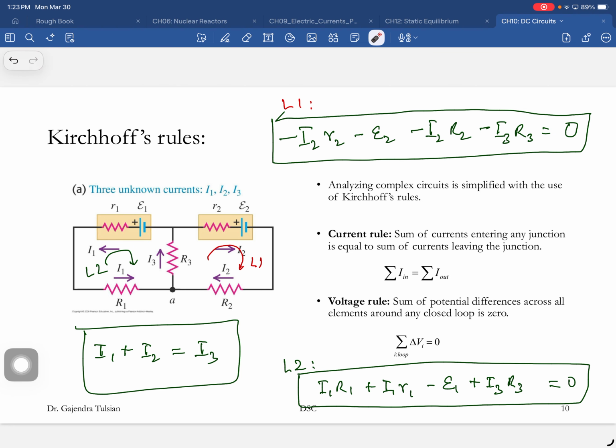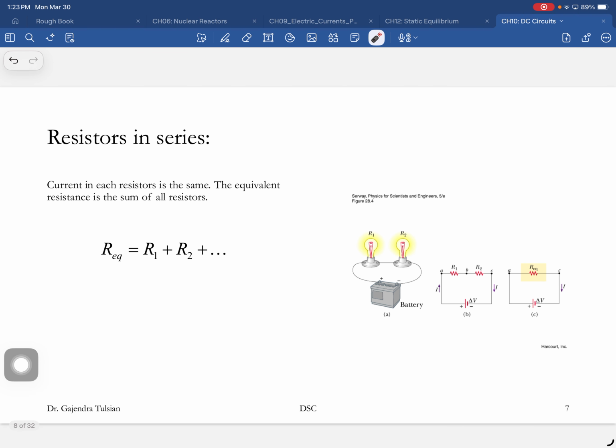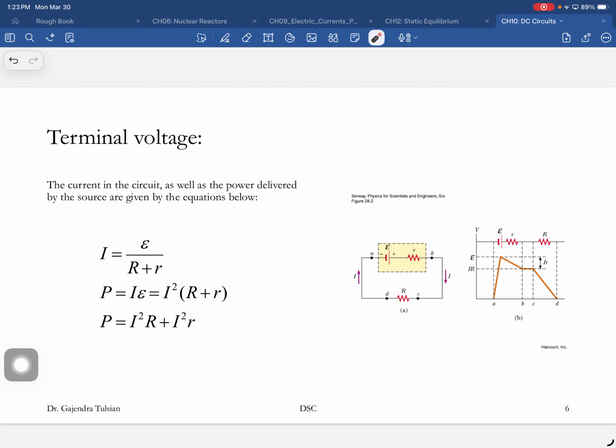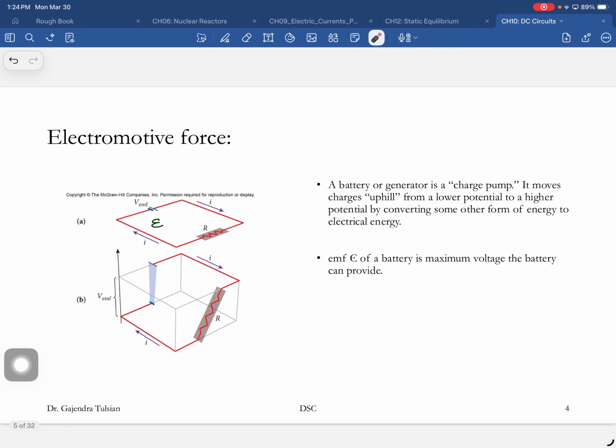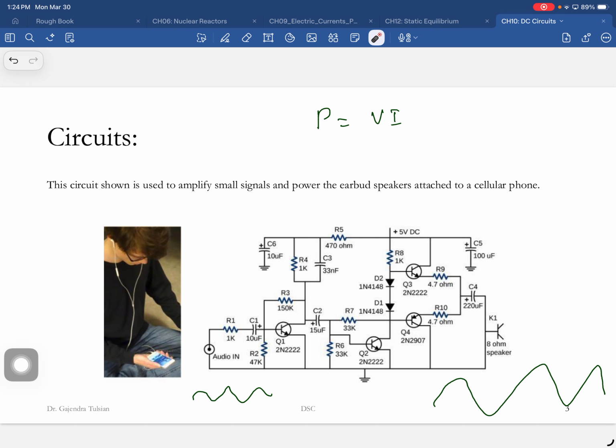A positive charge has high potential energy here. And then as it goes through the device, for instance a toaster, it's losing its potential energy, converting that to heat in a toaster. Electrical energy got converted to some other form of energy in that device. So it's lost its potential energy, and then it's come back home to the negative terminal of the battery.